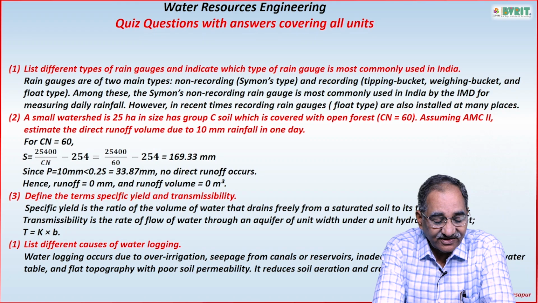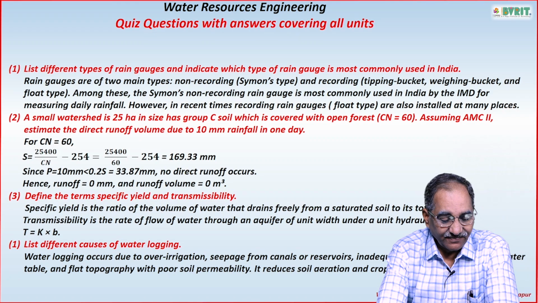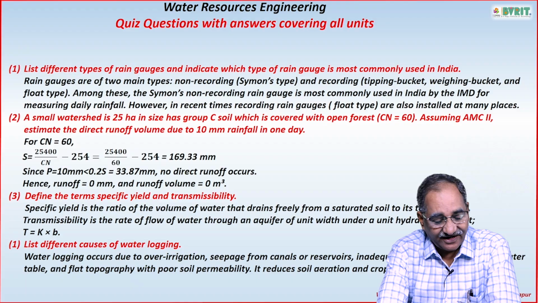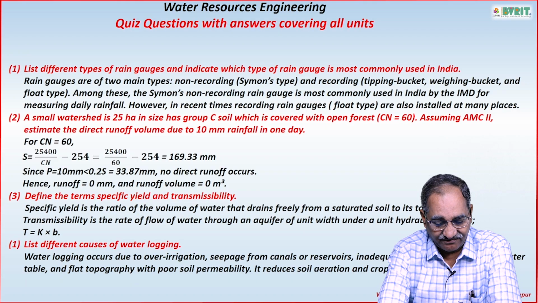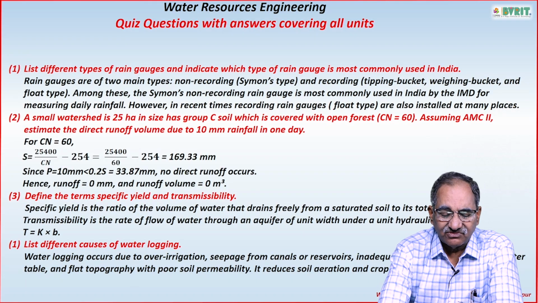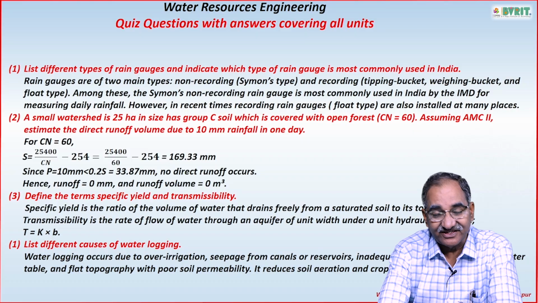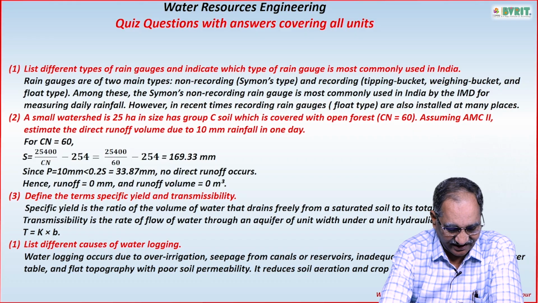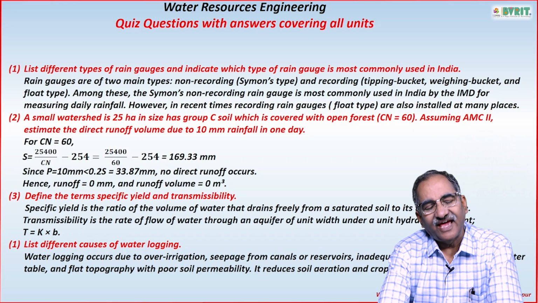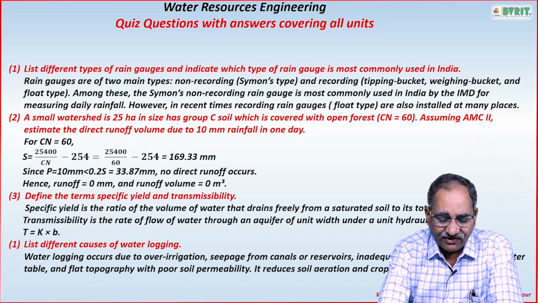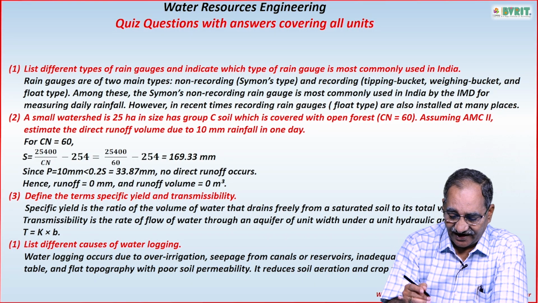He has given CN is equal to 60 and area of the land is 25 hectares. And it is group C soil, but since CN is given, we don't need to bother about it. Our objective is to estimate the direct runoff volume due to a rainfall of 10 mm.